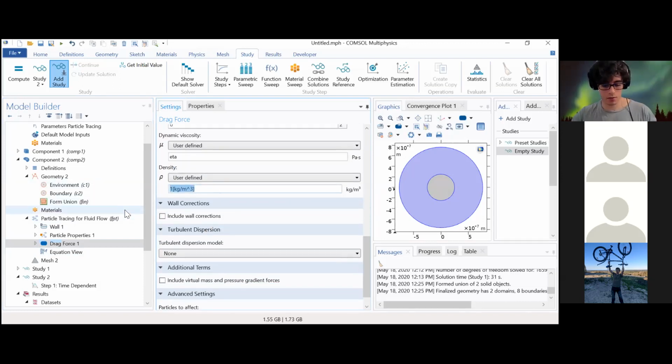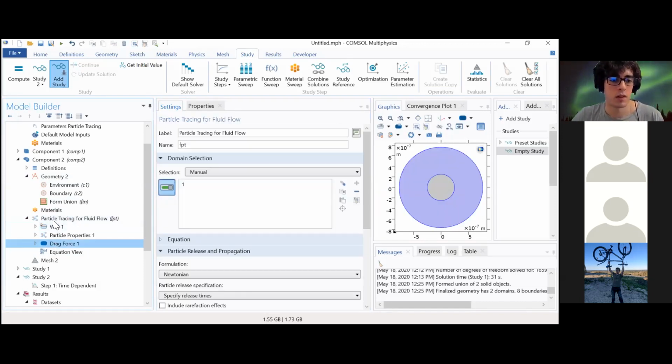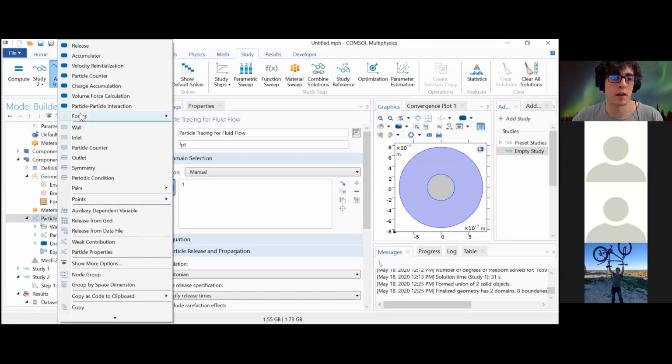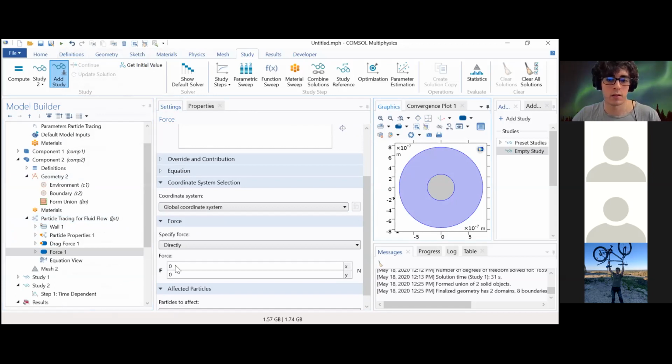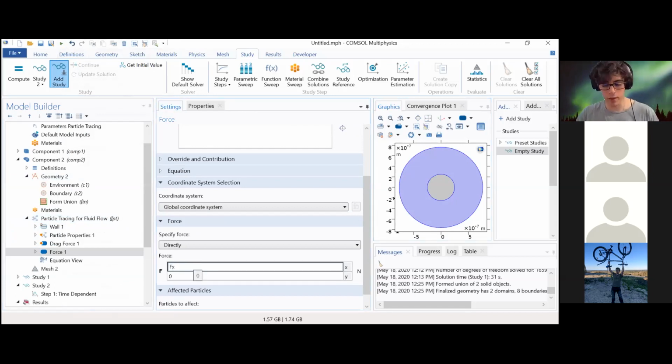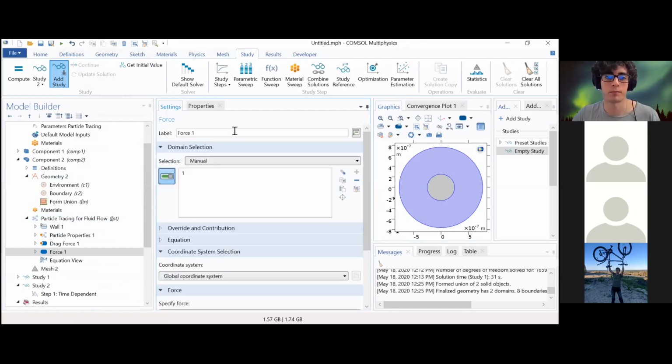So in this case, it's rho. Now, next, we will add another force, which will also apply in this domain. For the moment, I will just assume that we already have extracted the forces. There is a final step for that. So this force is the optical force.